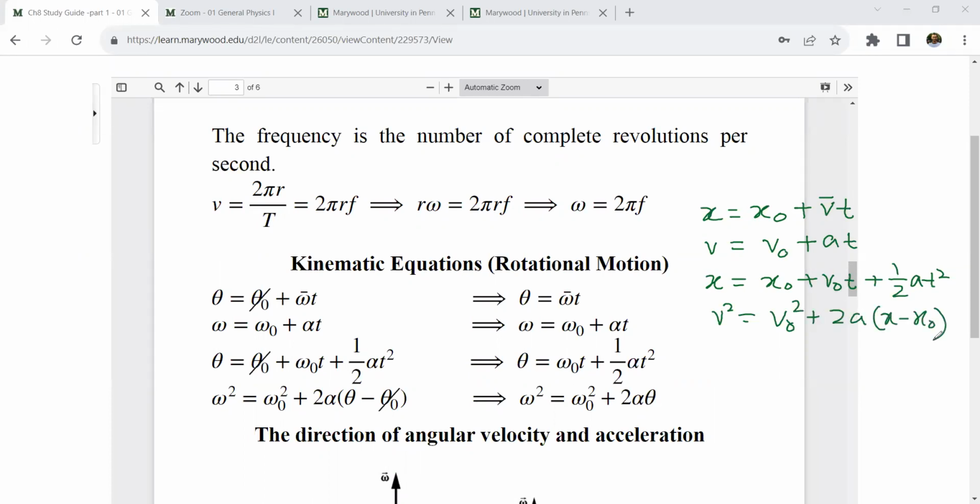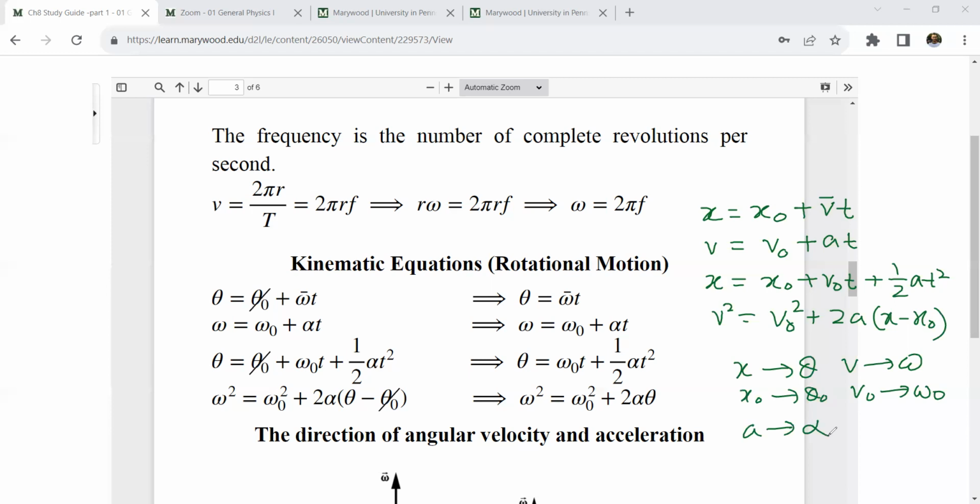We learned and used these 4 equations several times earlier, right? Now, similar to these 4 equations for linear motion, we can write 4 equations for angular, or rotational, motion. What we have to do is replace x by theta, that means x0 by theta 0, v by omega, v0 by omega 0, and a by alpha.